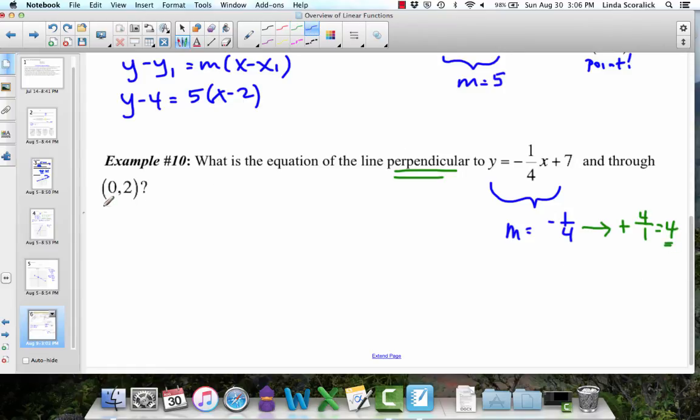And through (0, 2). This is very specifically a y-intercept, a b value. So because we have a y-intercept and our slope, we can use slope-intercept form. Plugging in these values, we get y equals 4x plus 2.